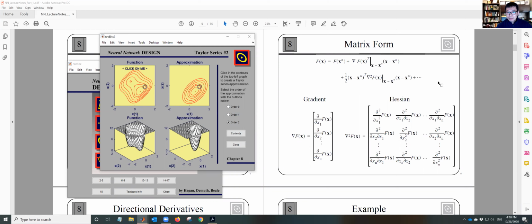We don't include order 3 because this is a multi-dimensional case. With order 2, our approximation comes to this point. With order 1, we stop here. So that's a major difference. And why does it keep changing? Because the location of X star keeps changing.